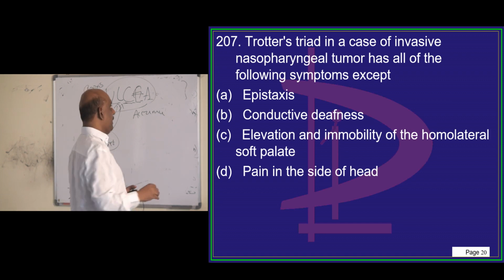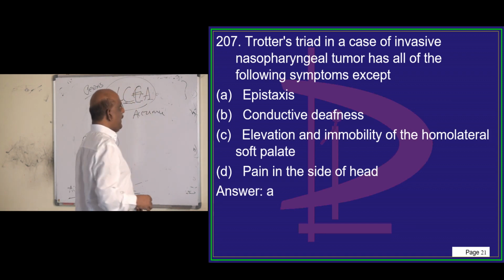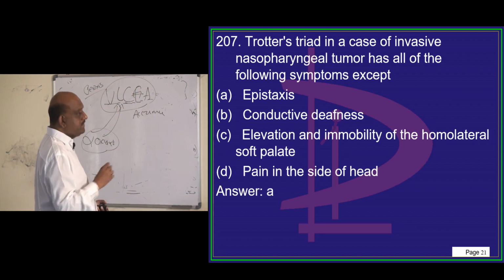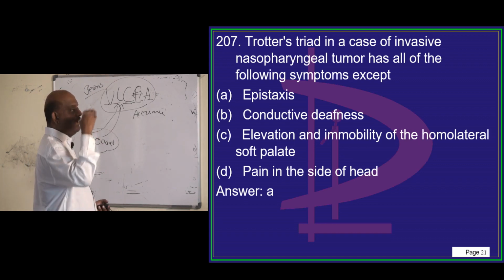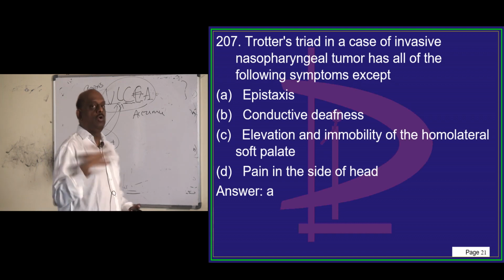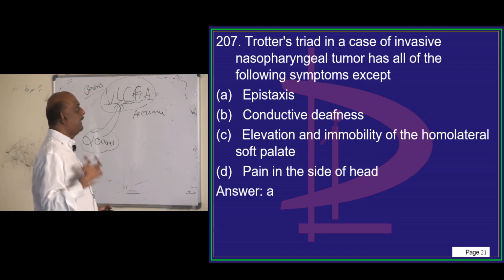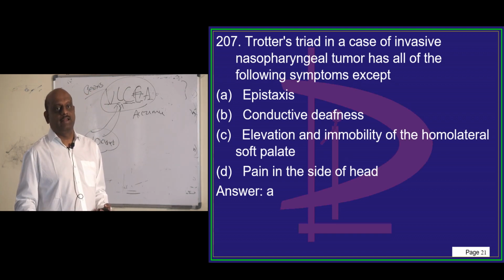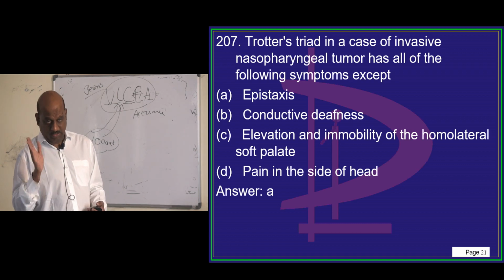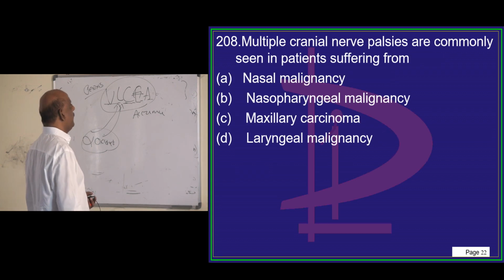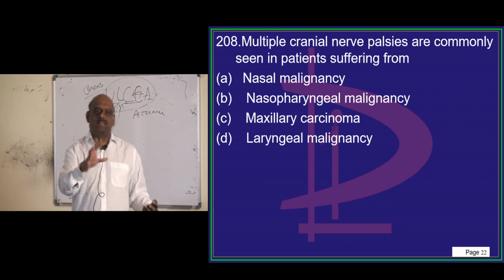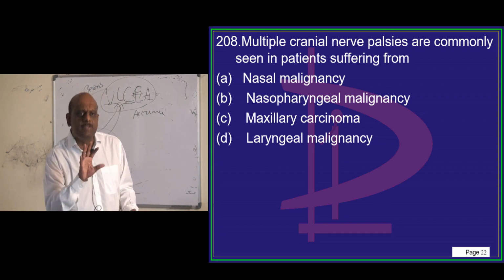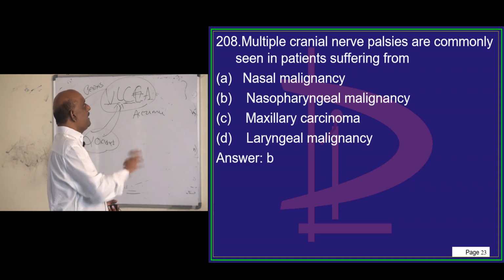Trotter's triad in invasive nasopharyngeal carcinoma: there is a conductive deafness, elevation and immobility of the homolateral soft palate, and there is pain on the side of that particular head. They are all true statements. Multiple cranial nerve palsies is typically a feature of nasopharyngeal malignancy.